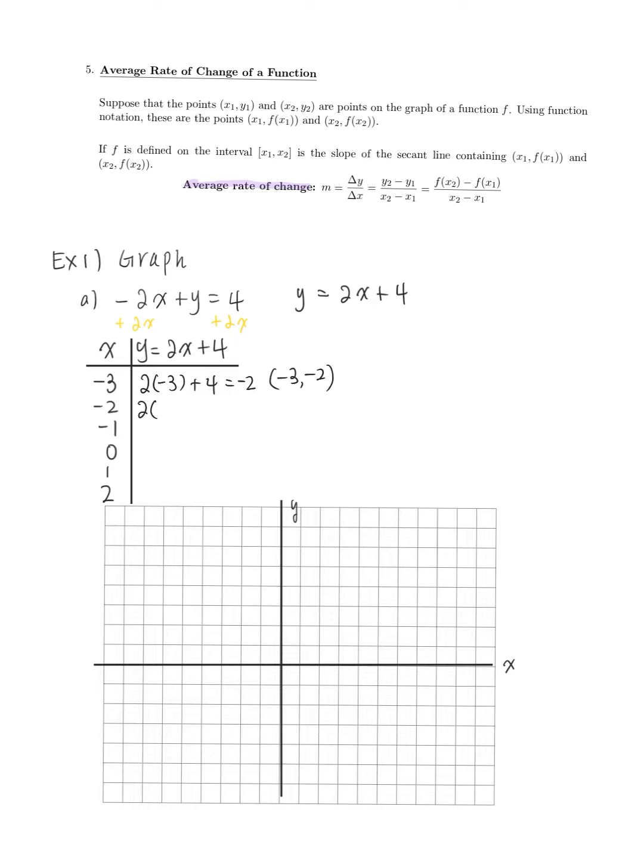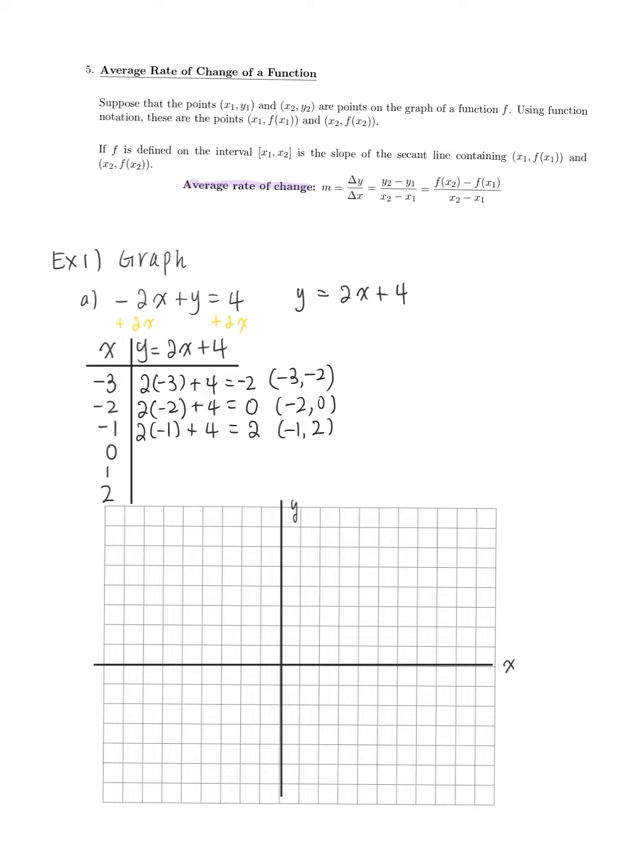And when x is negative 2, then you're going to have 2 times negative 2 plus 4. So in this case, we're going to get 0. So here we have negative 2 comma 0. And when x is negative 1, we have 2 times negative 1 plus 4. That's negative 2 plus 4, so that's 2. So we will be plotting negative 1 comma 2.